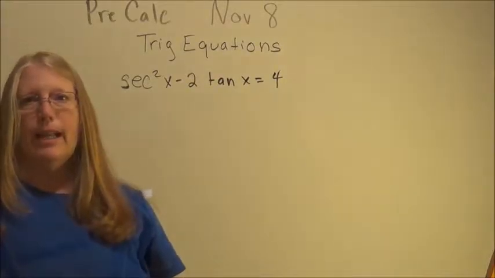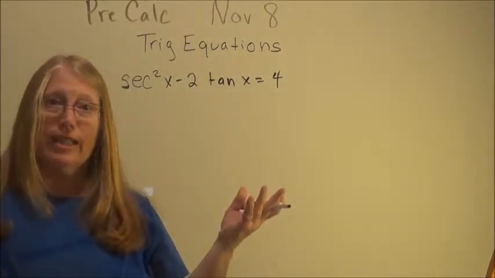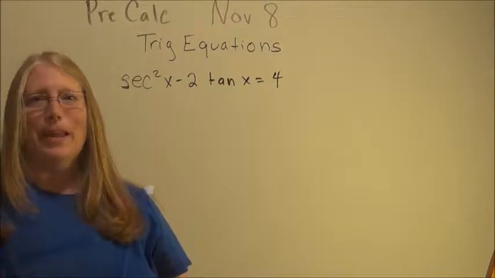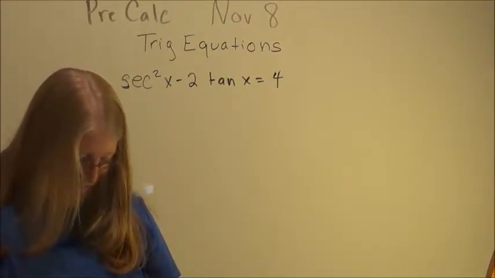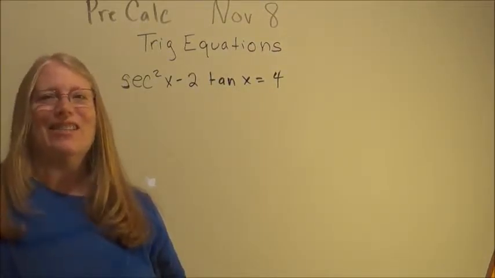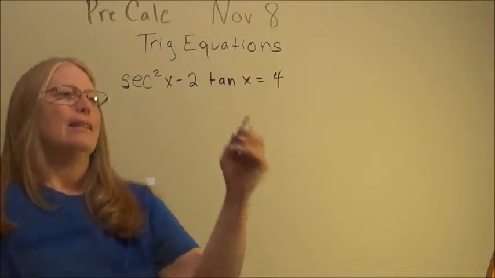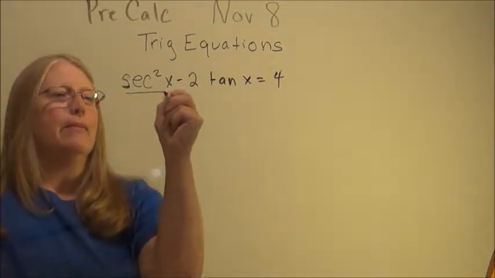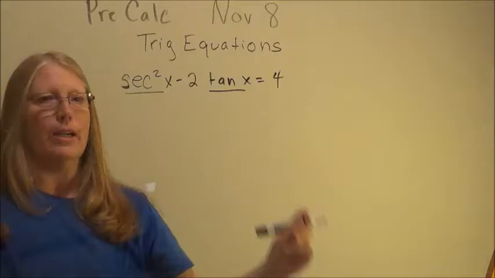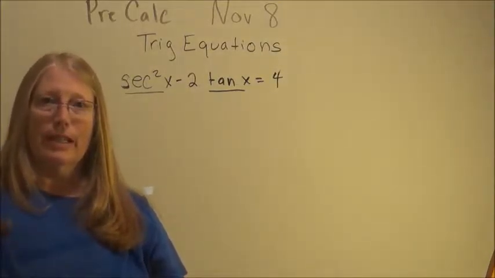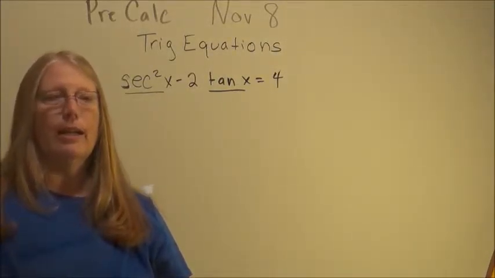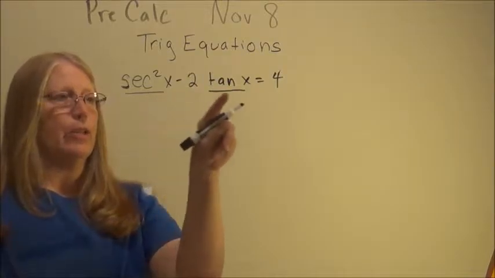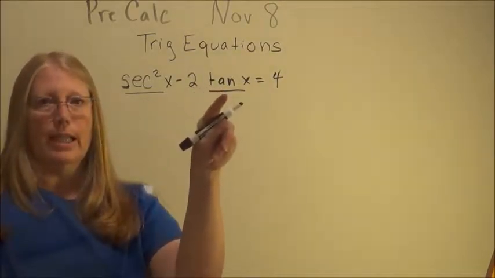So write that one down and look at it intelligently and tell me what complications you see that you've already addressed before. Well, one thing you're seeing is secant squared and tangent. There's two different trig functions, so we want to change that so we're either working in secant or in tangent.